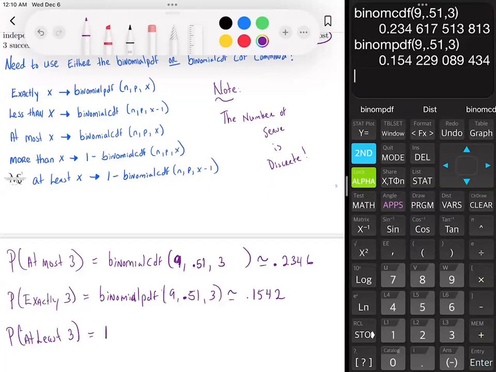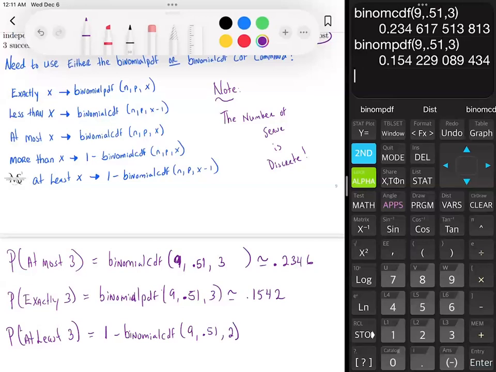It will be 1 minus binomial CDF of 9, comma, 0.51, comma, the value of x minus 1, right? Because 3 is included in at least, I have to subtract that off for the binomial CDF. We want it to stop at 2 rather than 3. Therefore, the complement rule, 1 minus this answer, will give us at least 3.